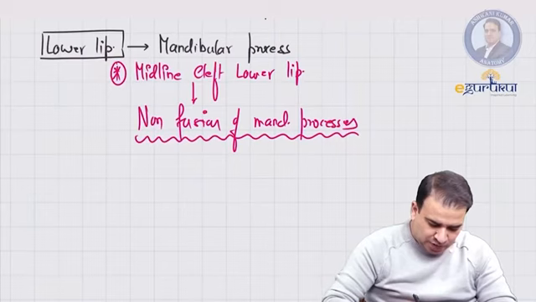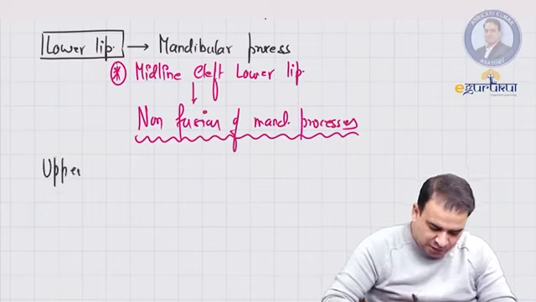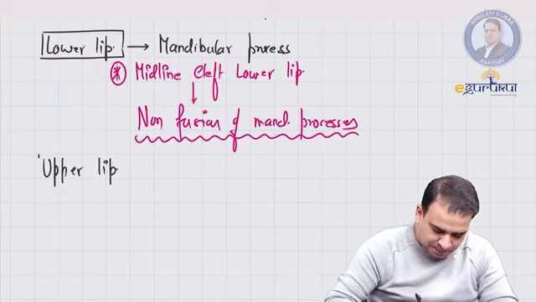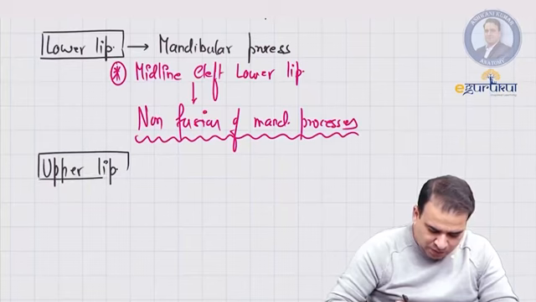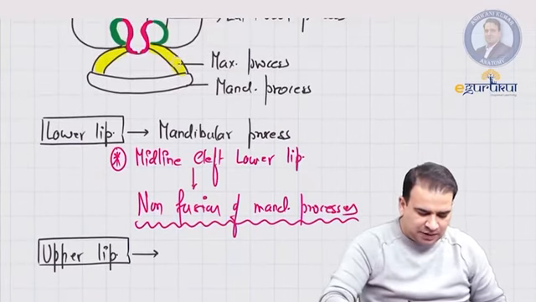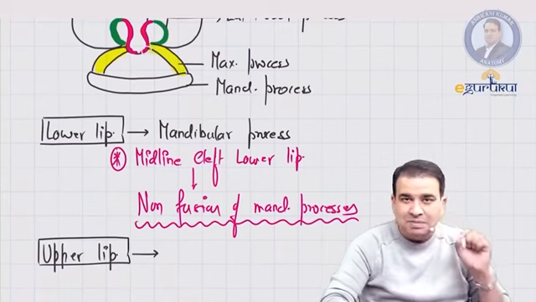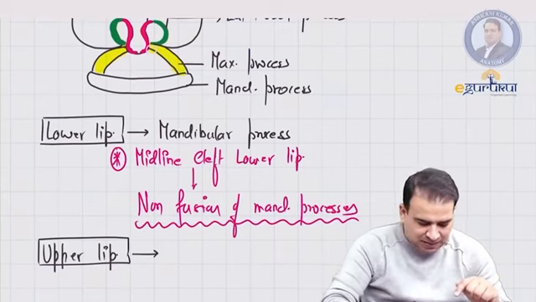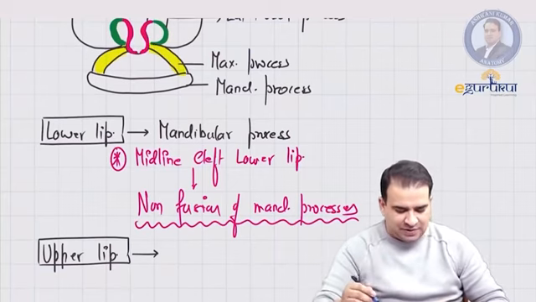Well, the one which is more interesting and important also, that is upper lip. What about upper lip? Guys, upper lip is derived from what? Again, look at the picture here. Upper lip is derived from maxillary process and medial nasal process. It is maxillary and medial nasal process and not the lateral.